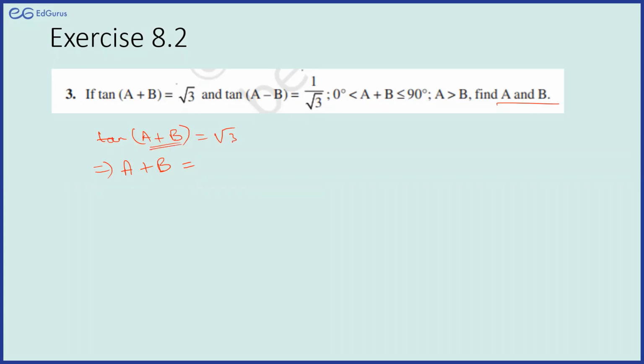Tan of what is root 3? It should be 60 degrees. Very good. Similarly, tan of A minus B is 1 by root 3, and it should be 30 degrees. So A minus B will be 30 degrees. Now using these two equations, you can find A and B.